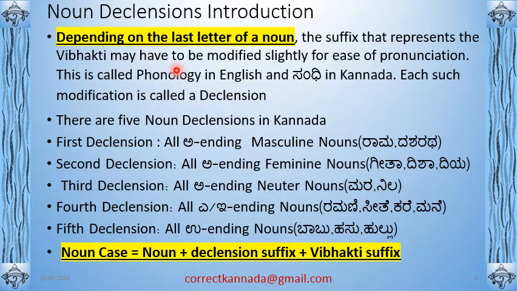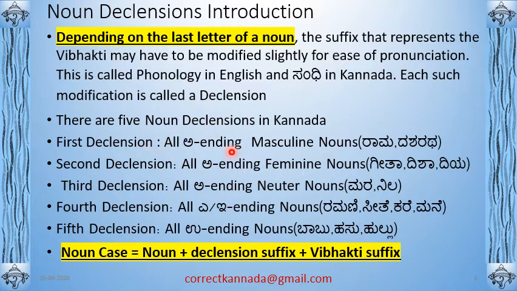So in order to make the pronunciation easy, we have this concept of declension. In English it's called phonology, in Kannada it's called sandhi. So there are letters that you have to insert in between a noun and the Vibhakti in order to pronounce it easily. So this concept is called declension, and there are 5 such declensions defined in Kannada.